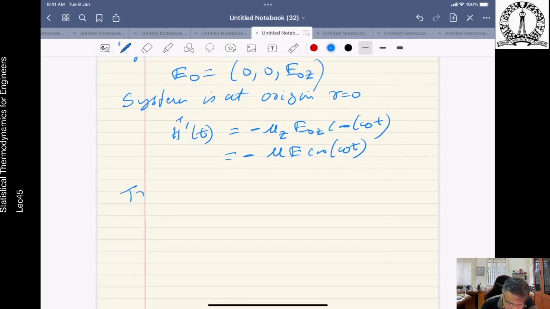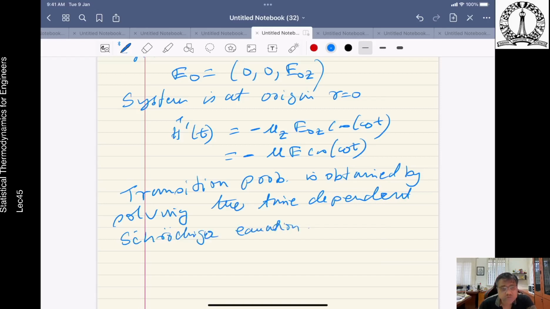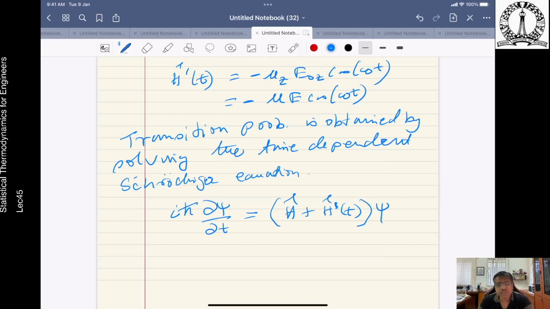So the transition probability is obtained by solving the time-dependent Schrodinger equation, which essentially translates to iħ ∂ψ/∂t equal to (H hat plus H hat prime) ψ.